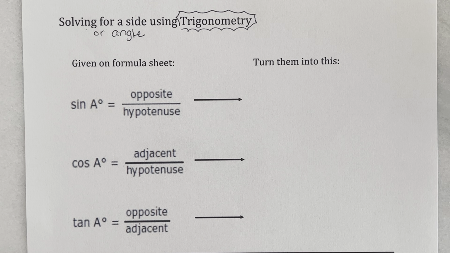So x, the side SR, compared to the angle 35, because it's between the angle and the right angle, is your adjacent side. And the 78 is across from the right angle, so that's your hypotenuse. We always have to choose the formula based on the side that you're looking for and the side that you know. So adjacent and hypotenuse goes with cosine.